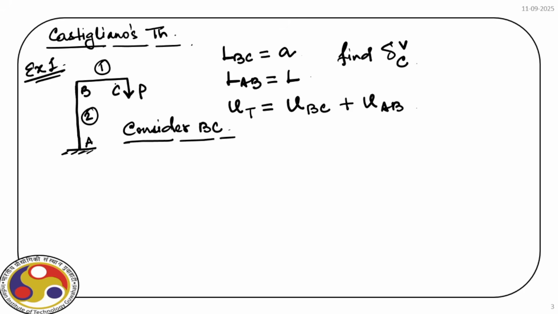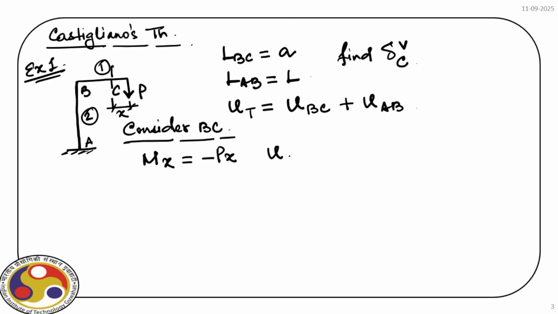and for this part let us consider a section at a distance x. So the moment at this point is P times x, and this is a hogging moment, so we put a negative sign.